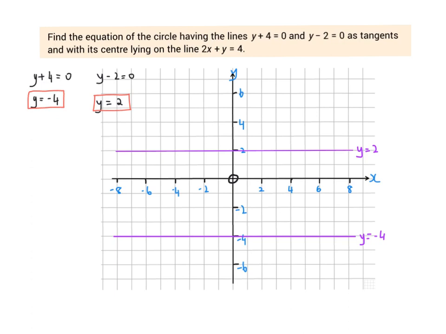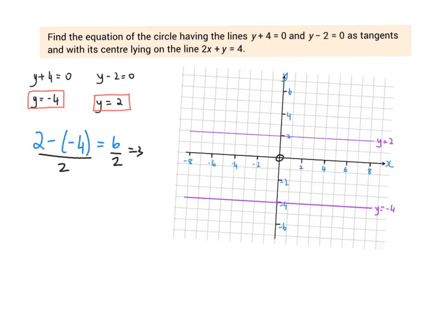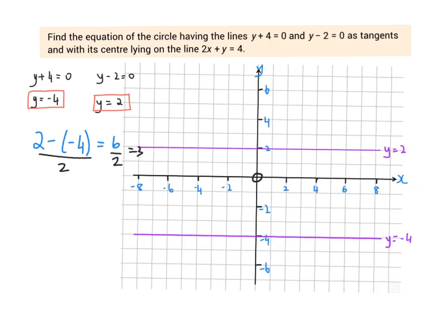From our graph we can see it's 2, 4, 6 units, or mathematically, the difference between 2 and minus 4, so 2 minus minus 4 is equal to 6, and half that distance is 6 over 2, so it's going to be 3 units from either of the lines. So if we go to our line y equal to 2 and take away 3 units, then it's going to have to be along this line here.